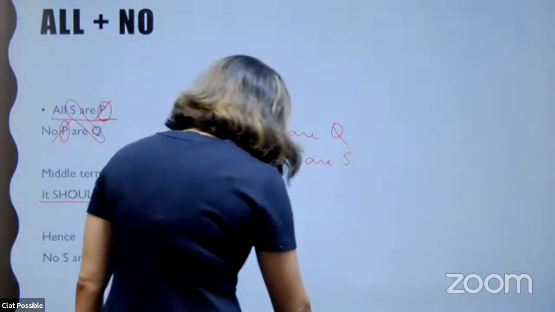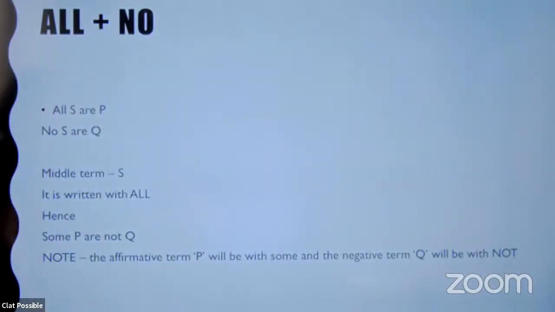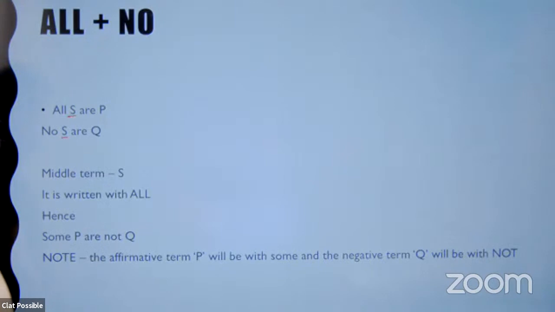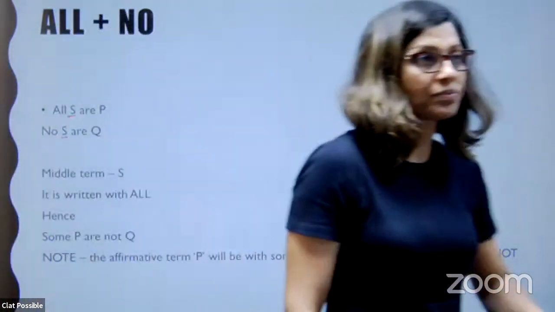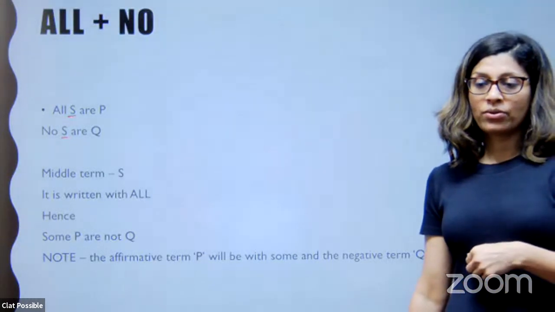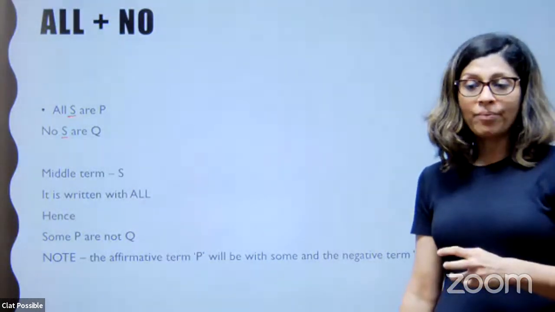Now, let's look at the case when the middle term is not the predicate, but the subject of "all". Can you tell me what is the middle term in this question? What do you notice about the middle term in the "all" statement? It is the subject of "all".